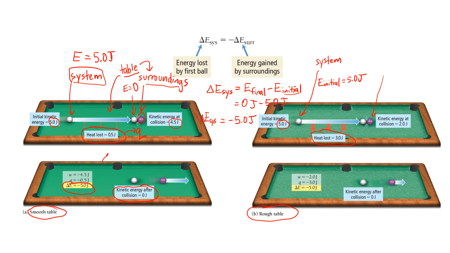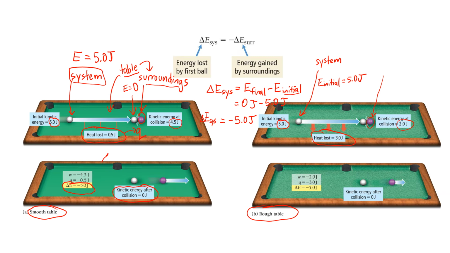System to surroundings. So if 3 joules is lost as heat to the table, there's only 2 joules left that it can transfer to the purple ball as work, right? So the white ball is doing work on the purple ball, and it can only do 2 joules of it out of the 5, which is less than what we had before, right?